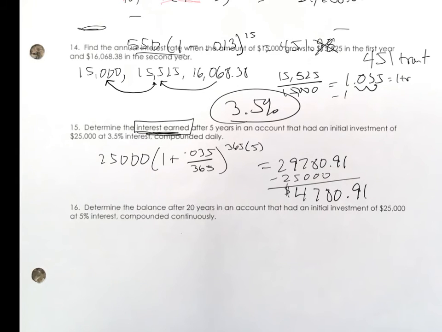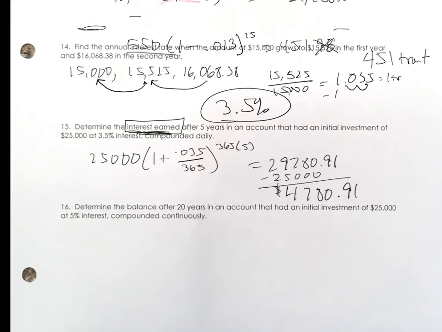Now this one says compounded continuously. So our initial amount, 25,000, times E to the 0.05, that's your rate, times 20. This just wants the amount in the account, not the interest: $67,957.05.